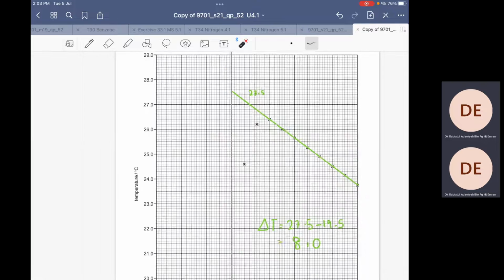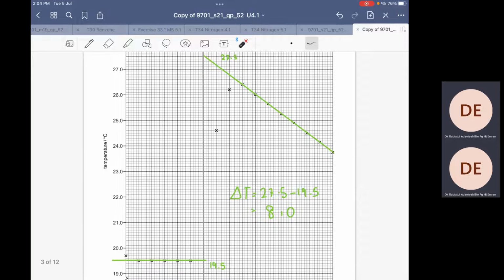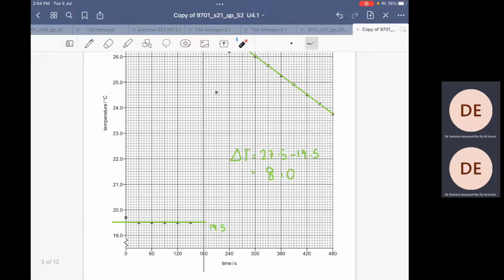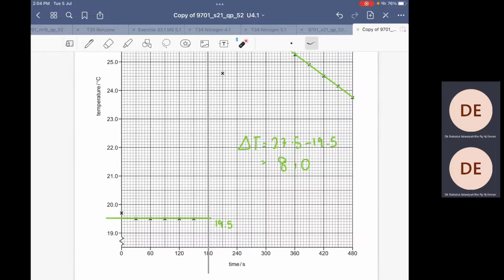So when you take the temperature change, delta T, you will take the highest point where at the intersection is, and the lowest temperature is where your line intersects the same t equals 180 seconds. Okay, so how do you know this?